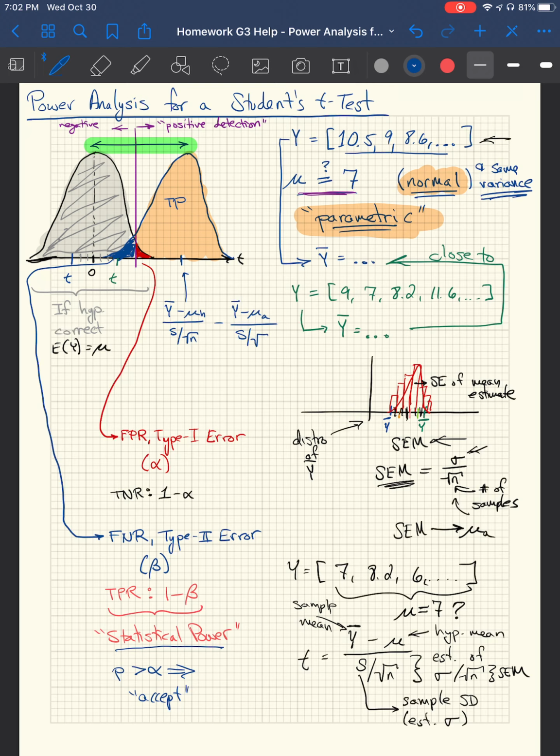They have the same standard deviation, so everything else would be the same. And so the length of this line is basically going to be the distance between the actual mean and the hypothetical mean, all scaled by this standard error of the mean down here. So that's the distance of that line that I highlighted in green.